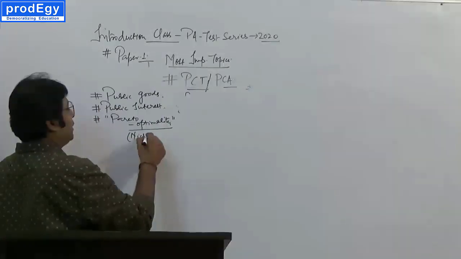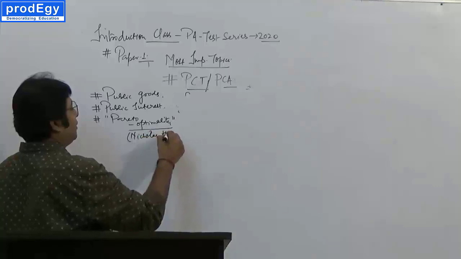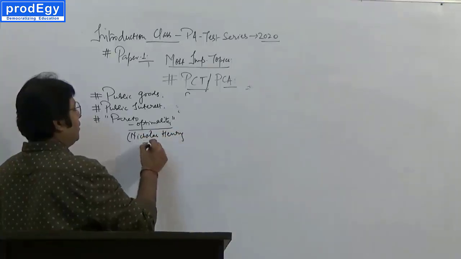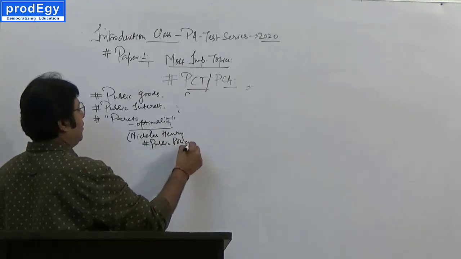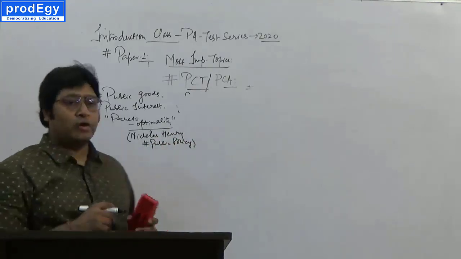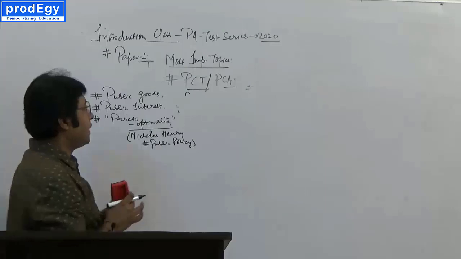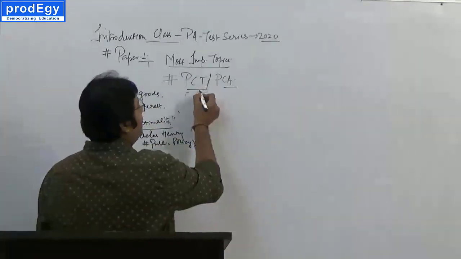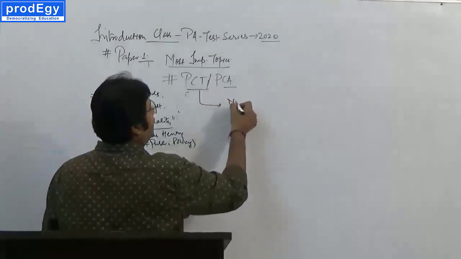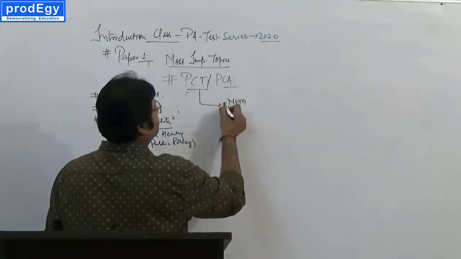Nicholas Henry, yeah. So Nicholas Henry, public policy, this is there, right? Now, when you are talking about public choice approach, obviously, you will also link this to the new public management.